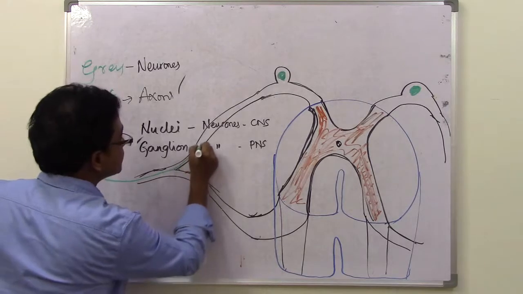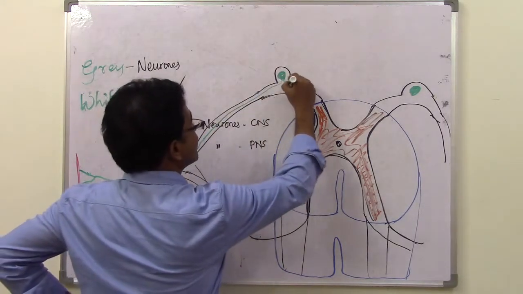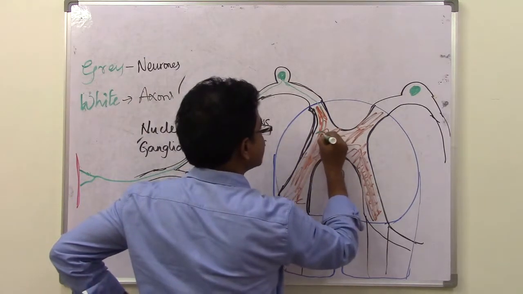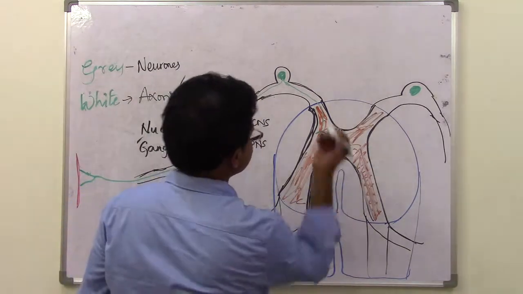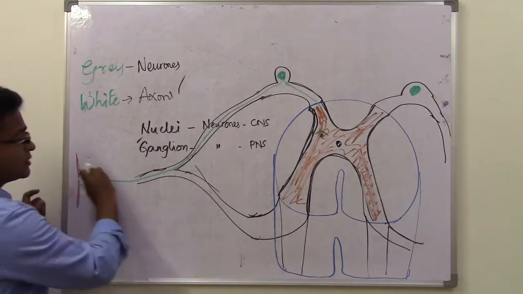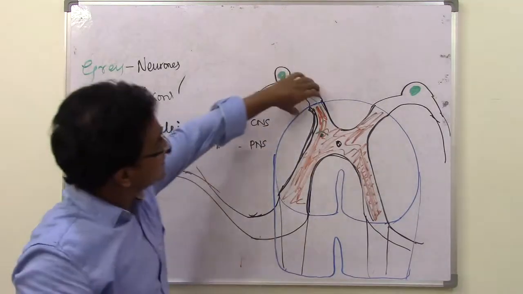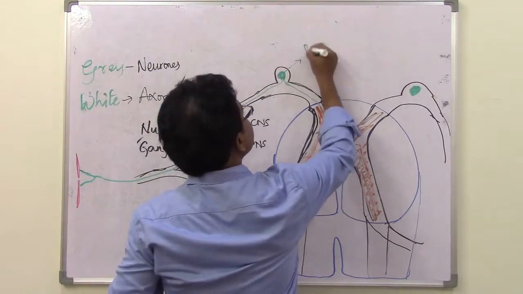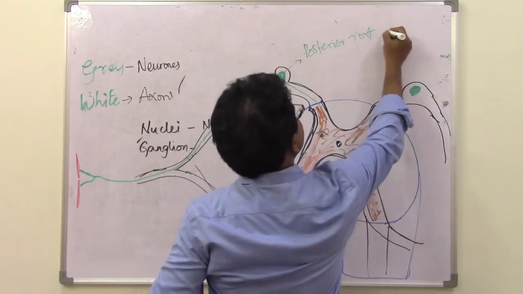So this is coming to the cell bodies and is relaying it into another neuron. This information from skin, let's say there is a small prick, is carried by the posterior root of the nerve and this is called posterior root ganglion.